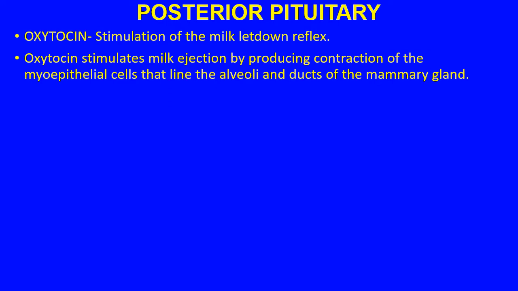Now, what about oxytocin and the stimulation of the milk letdown reflex? Oxytocin is going to stimulate milk ejection by producing contraction of the myoepithelial cells that line the alveoli and ducts of the mammary gland. This is milk ejection. So think about this.